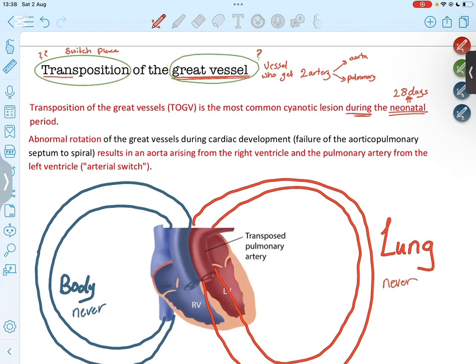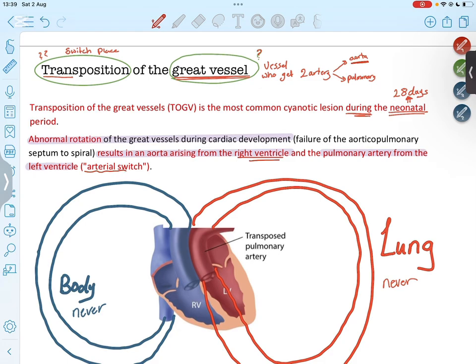We have abnormal rotation of the great vessels. So the aorta takes the place of the pulmonary artery, and the pulmonary artery is switched with the aorta. Abnormal rotation of the great vessels during cardiac development results in the aorta arising from the right ventricle and the pulmonary artery arising from the left ventricle.